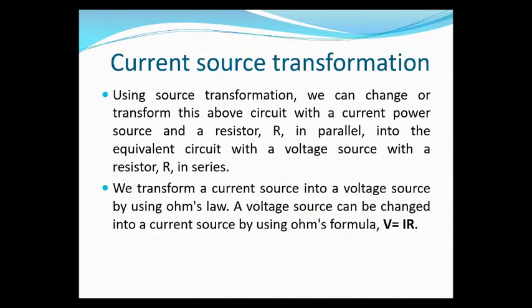So using source transformation, we can transform the above circuit with a current power source and a resistance R in parallel into the equivalent circuit with a voltage source and a resistor R in series. We transform a current source into a voltage source by using Ohm's law, V is equal to IR.